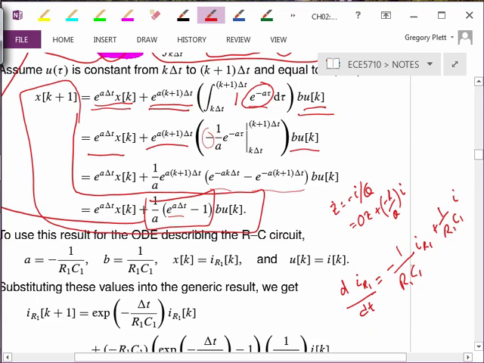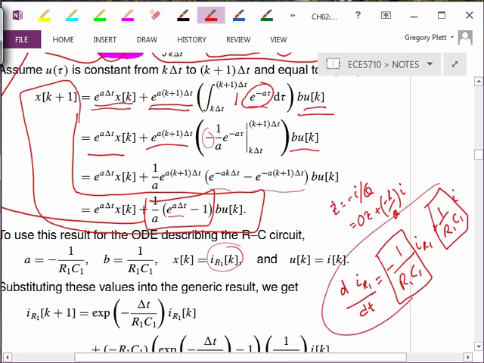So this equation is of the form we're looking at. My A is minus 1 over R1C1, and my B is plus 1 over R1C1. My X, the variable that I'm evaluating here, is the current through R1, and the input U is equal to the battery cell current I. So there are these correspondences between the equation that we saw in the last section and the equation we now know how to convert to discrete time.